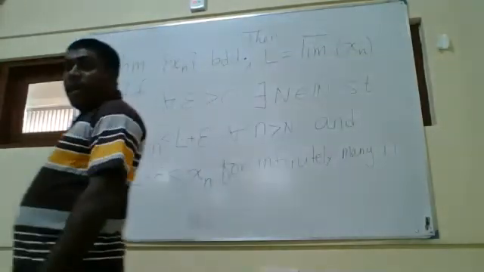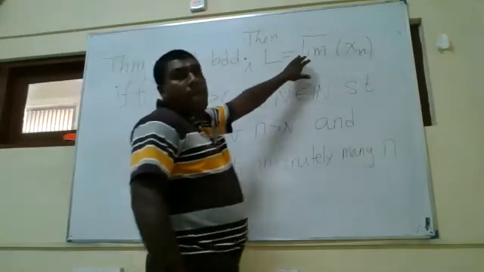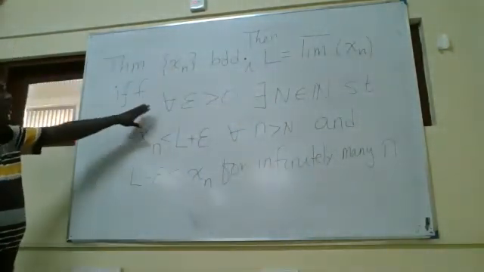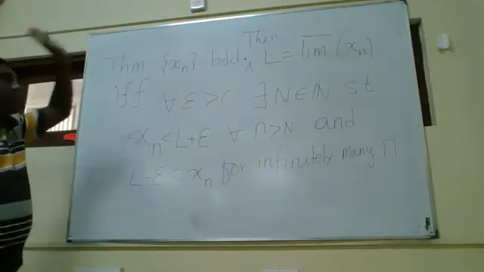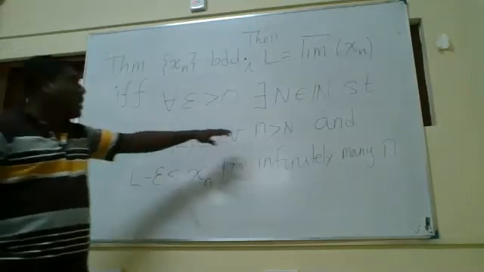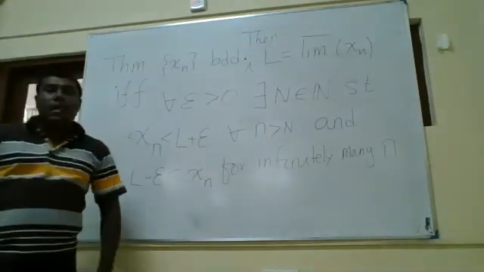So this is the result which we are going to prove associated with the upper limit. So if L is the upper limit of the sequence, then for any epsilon positive, after a certain natural number N, for all indices beyond that, xn is less than L plus epsilon.